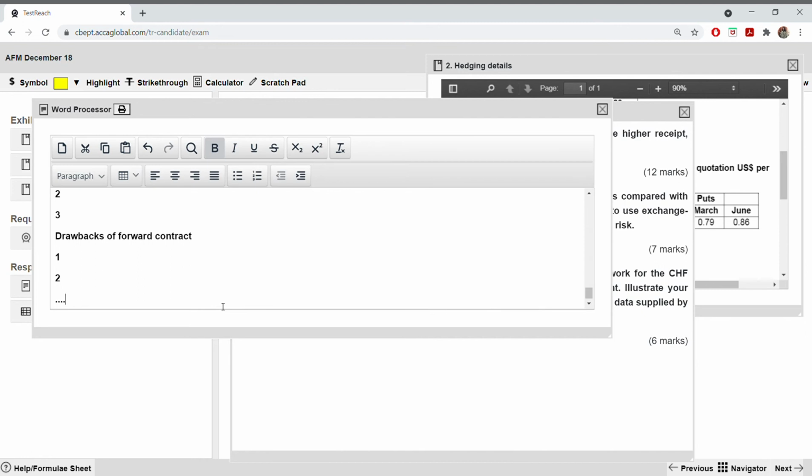Next, the third paragraph using the third subheading, reasons, because the requirement asked for reasons why exchange traded derivatives are used. You have to proofread your own spellings.